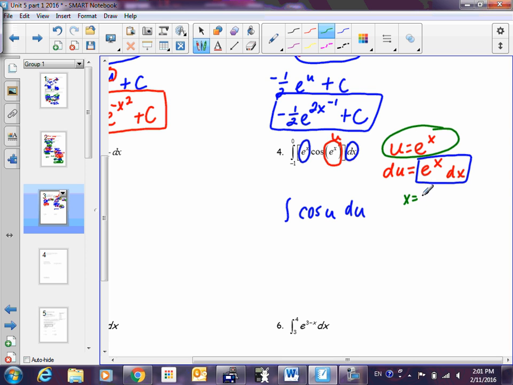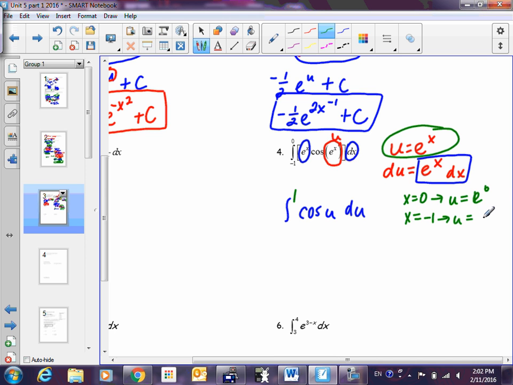So if x equals 0, what would u equal? Why? How are you guys getting 1? E to the 0 is 1. Honestly, if you wanted to write e to the 0 and leave it like that, that would be okay. I'm going to go ahead and write 1 though. What about the lower bound? X equals -1.